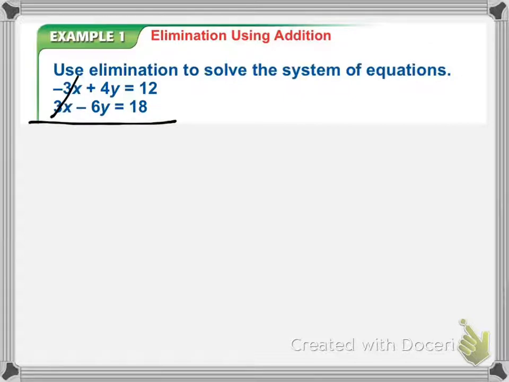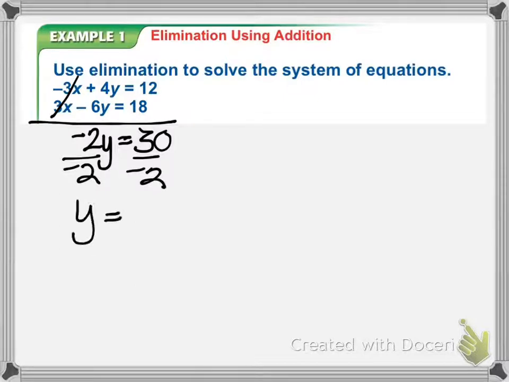So you've got positive 4y and negative 6y. You combine those to give you negative 2y equals, and then you combine your 18 and your 12, and you get 30. All right, so now all you have to do is divide by negative 2 on both sides, and you get a y value of negative 15.